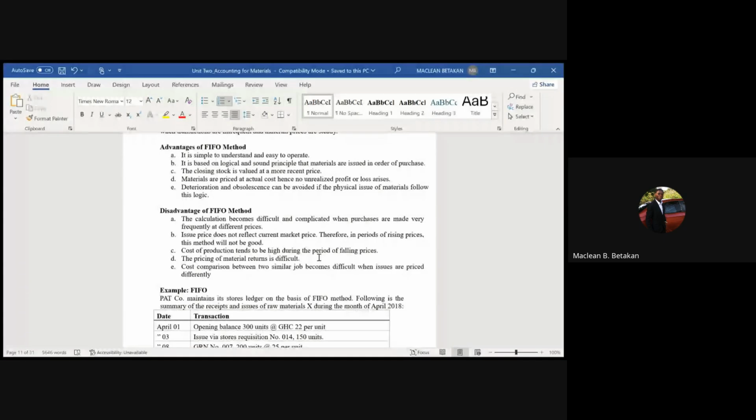Now, when we also have deflation, when the prices are falling, but you are keeping that item at a high price, then your cost is going to be high. For instance, now the CD has started appreciating, then they are asking the sellers in various markets to reduce their prices.